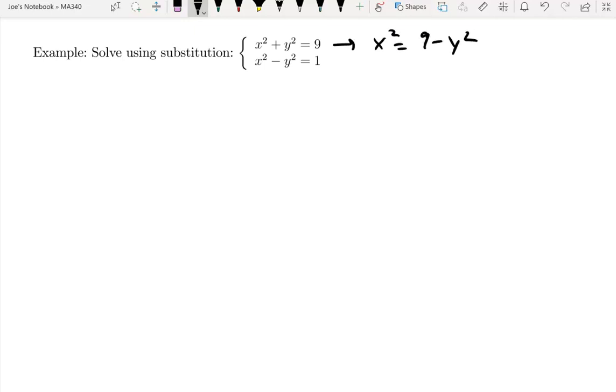If we solve for x squared, we'll subtract over. So we'll get our x squared equals 9 minus y squared. Take that and plug it into the second equation. So we'll have 9 minus y squared minus y squared equals 1.